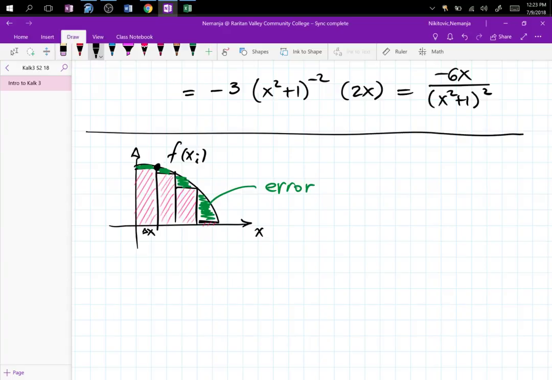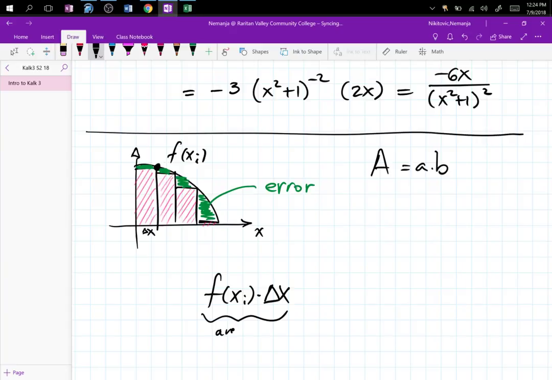If you calculate the function at xi, you will calculate the height of the rectangle, and you have your delta x. When you multiply a times b to find the area of the rectangle, I can find the area of the rectangle by multiplying my f of xi times delta x. So this gives me the area of one rectangle.